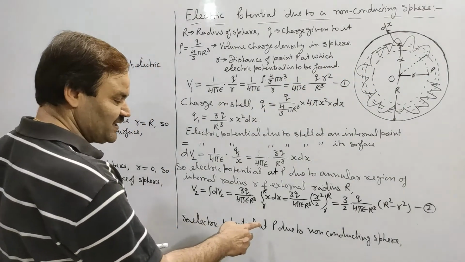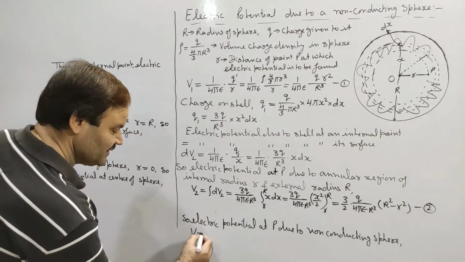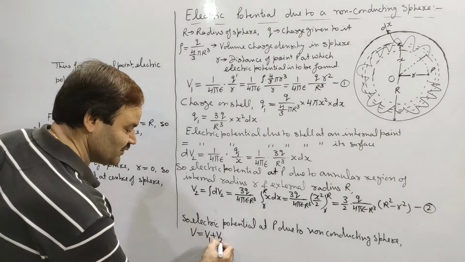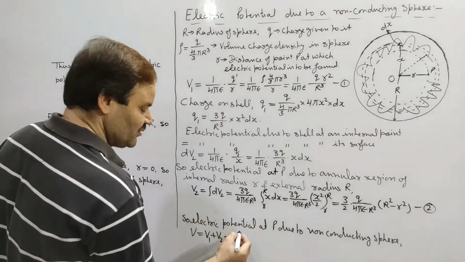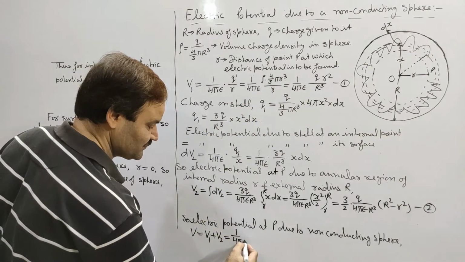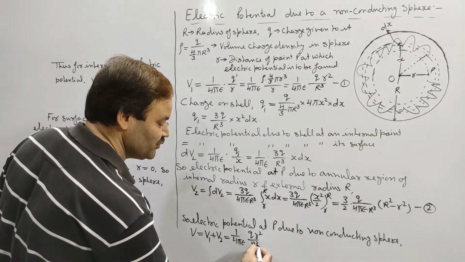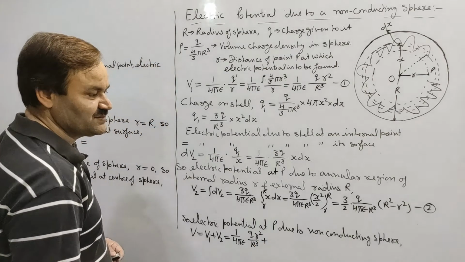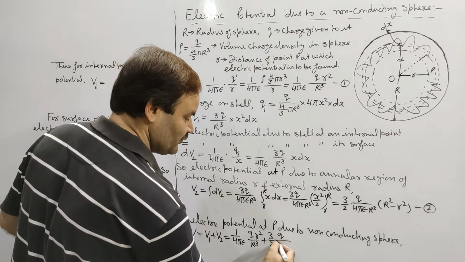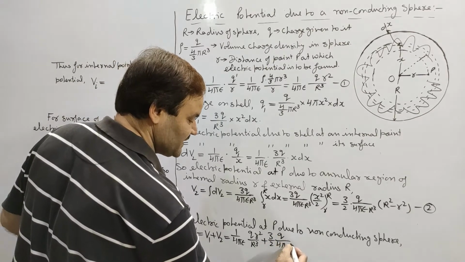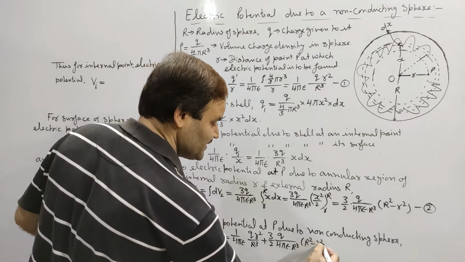So the total electric potential at P due to the non-conducting sphere, V, will be V1 plus V2, and V1 plus V2 means 1 over 4 pi epsilon q small r square upon r cube plus 3 by 2 q upon 4 pi epsilon r cube into capital R square minus small r square.